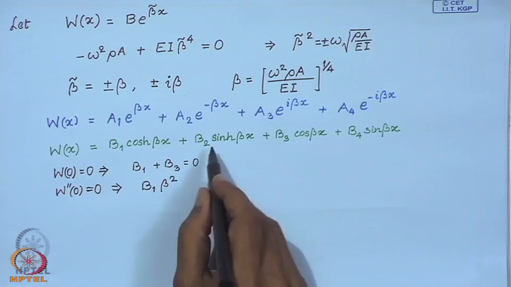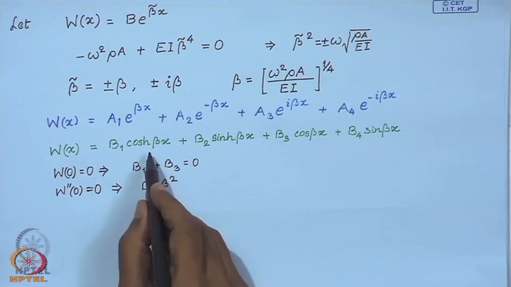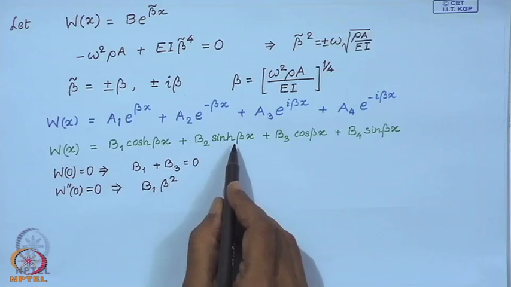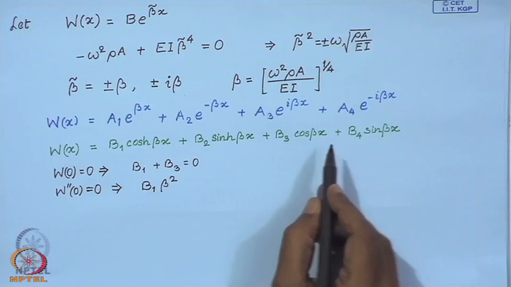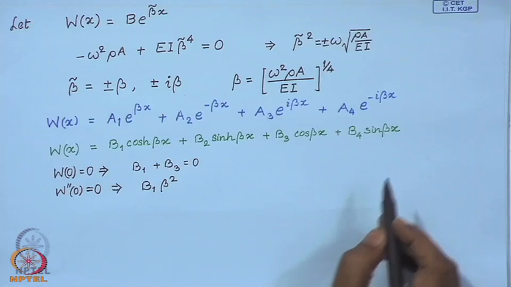All these terms will get differentiated 2 times. So, they will be cos beta square, cosh beta square, sinh, minus beta square cos beta, minus beta square sin beta.